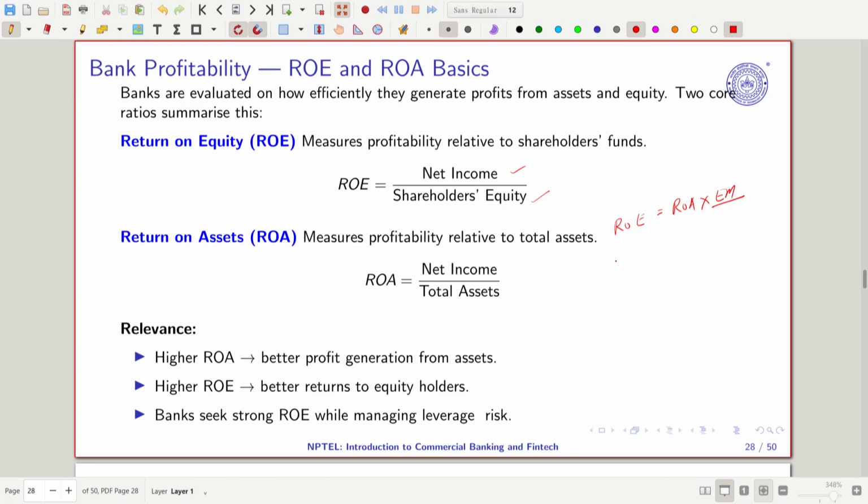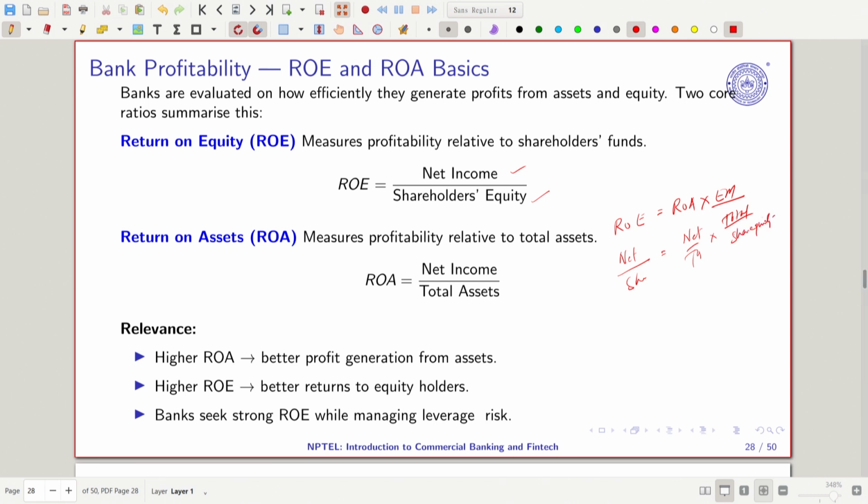So this particular part here, we have net income upon the shareholders' equity. Here we have net income upon total assets, and here we have the equity multiplier, which is total assets upon shareholders' equity.